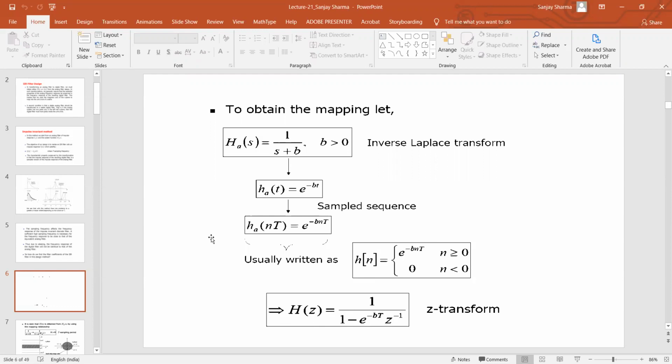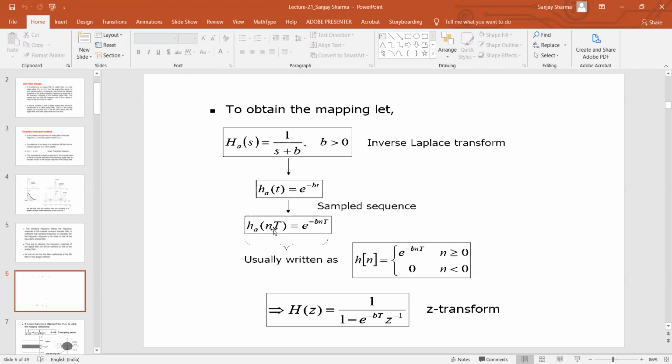Now, what we have done in this slide: you are given a filter with system function 1 over s plus b. We have to get the digital equivalent of this. How do we get it? We take the inverse transform, and convert it into the impulse response in the time domain, that is the analog impulse response.